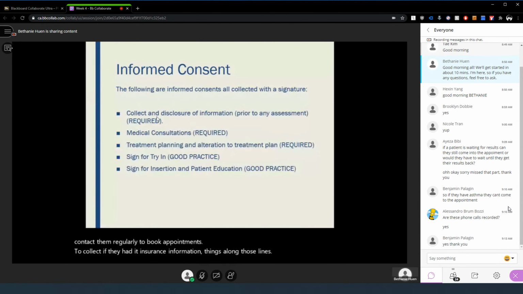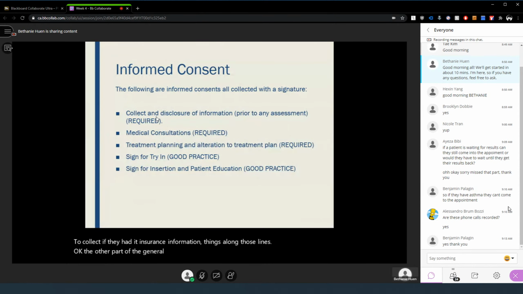The other part of the general consent is more George Brown related, that they're acknowledging that this is an educational institution. The appointments will be longer than normal, that a student is providing care, things along those lines. And again, we'll be going through that in clinic.